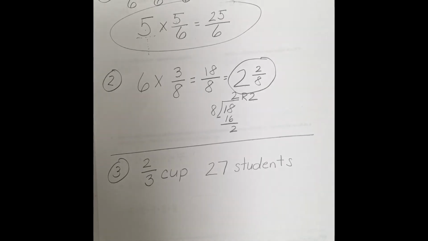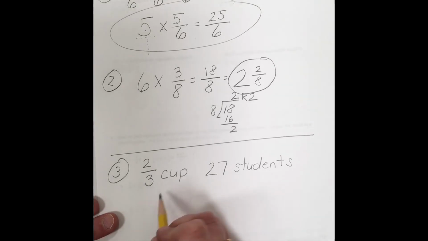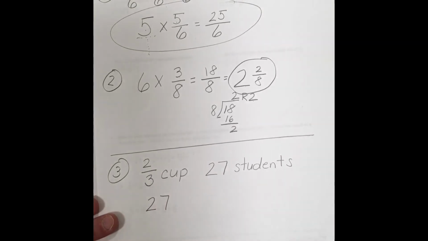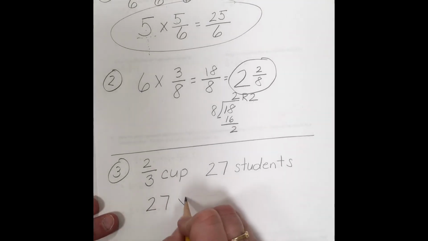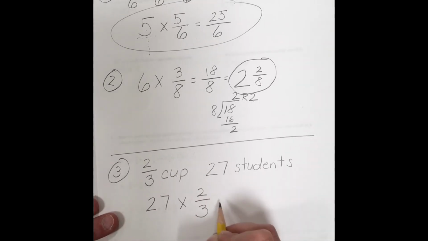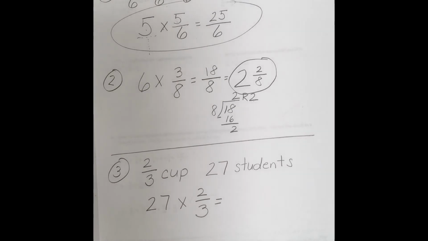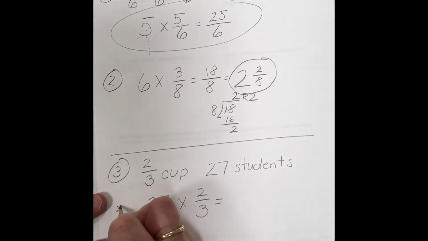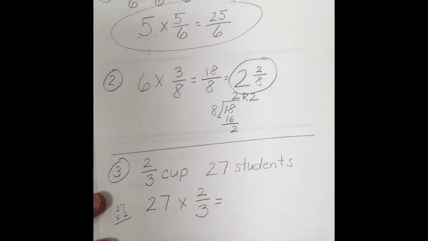So, we would use our multiplication expression, 27 students, our whole number. We would multiply it by our fraction of 2/3. So, 27 times 2, I'm going to go over to the side. I'm going to solve that.